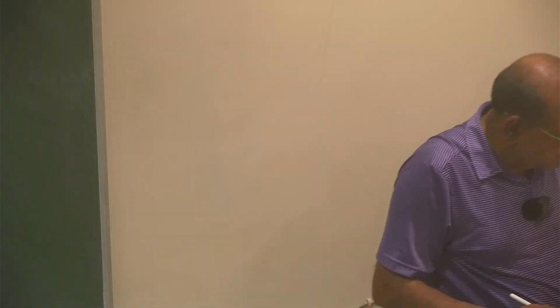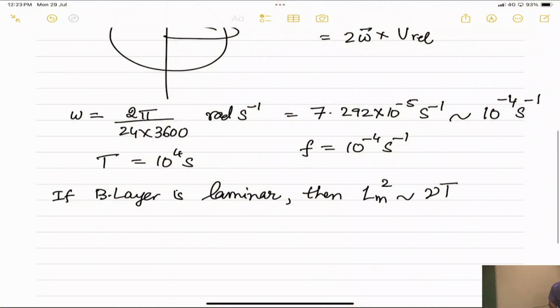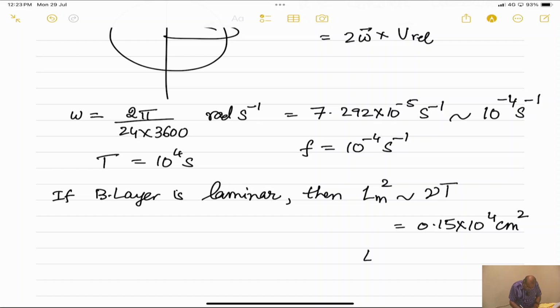And once again, if we now try to put in the values, nu t will be equal to 0.15 into 10 to the power of 4. I am using nu as 0.15 centimeter squared per second. So therefore, this comes out to be this, and so the laminar length scale of the boundary layer is of the order of 40 centimeters.